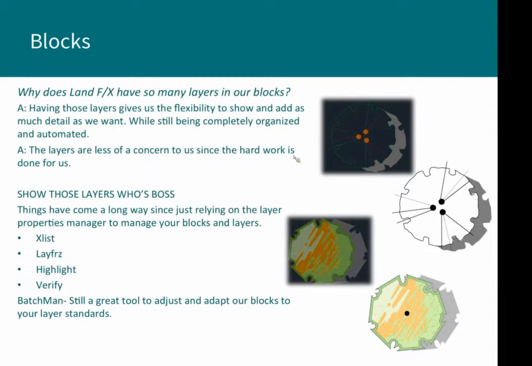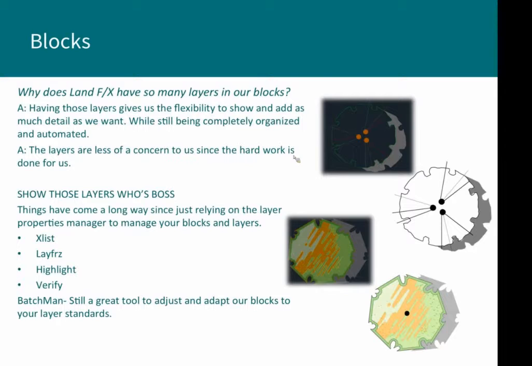Obviously we've taken great consideration on where these layers reside and how they get placed and what their names are, because they do match the CAD standard layer naming. So we do take that into consideration and we do care about that, but it's not a priority of ours to try to manage everything through the layers property manager anymore.